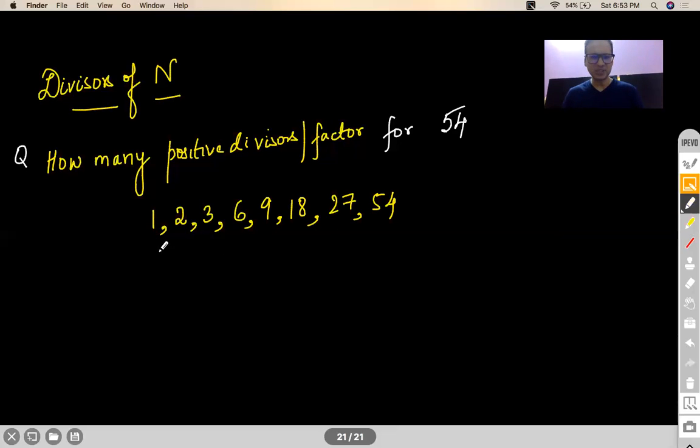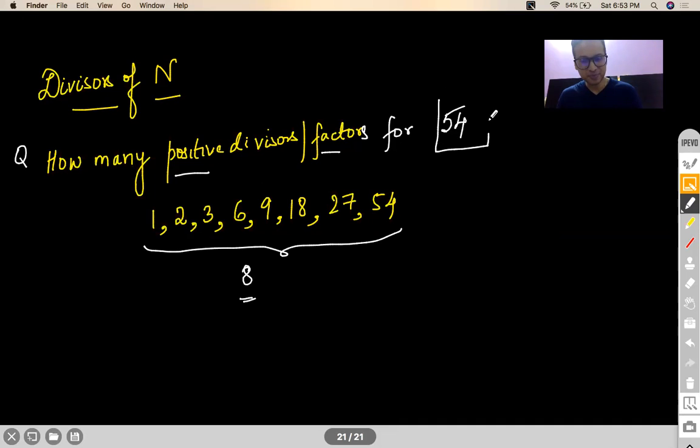So altogether you got 8 divisors or 8 positive factors for this number, correct? Now this was a small number and hence you could list it out on your fingertips. But what if I give you a bigger number? How would you figure out how many positive divisors that number has?